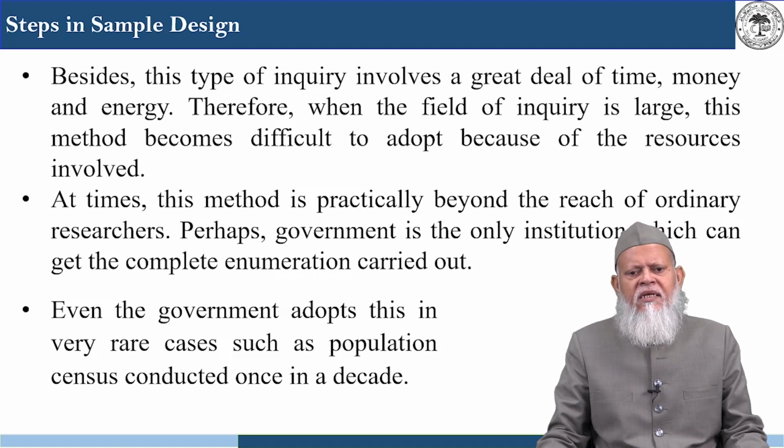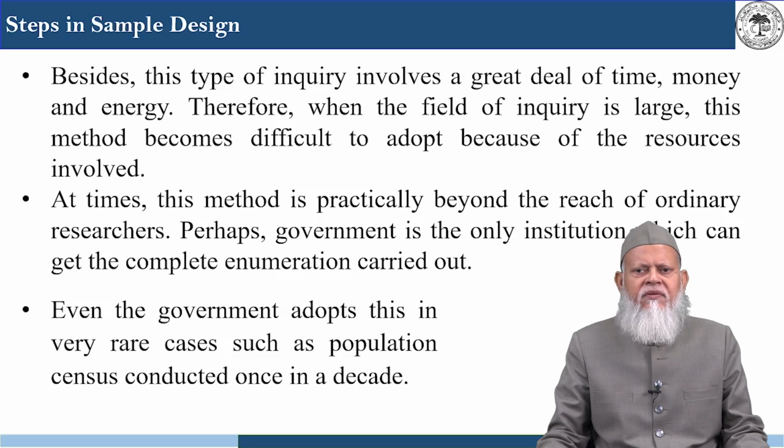The census survey involves a great deal of time, money and energy. Therefore, as the field inquiry is large, this becomes difficult to adopt because of the resources involved. We have already discussed yesterday that only the census survey is taken by the government.